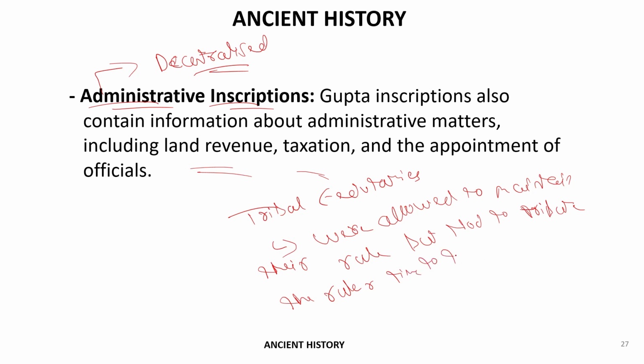So basically you can say the Gupta Empire was decentralized, meaning the powers were not concentrated but divided.